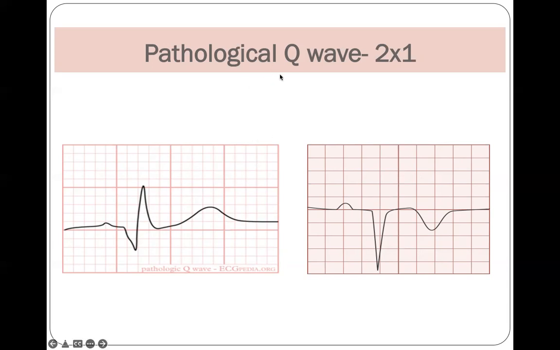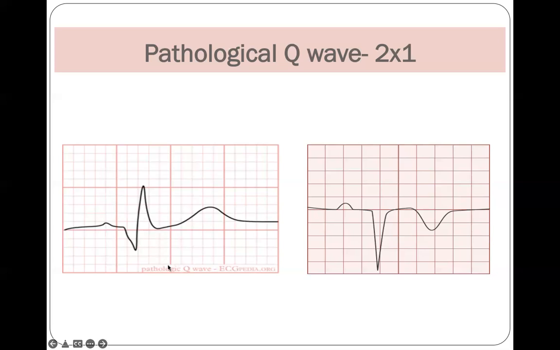So what are the characteristics of the pathological Q? For simplification, we say it 2 by 1. So pathological Q should be at least 2 small squares in its amplitude and at least 1 square in its duration. So 2 by 1.